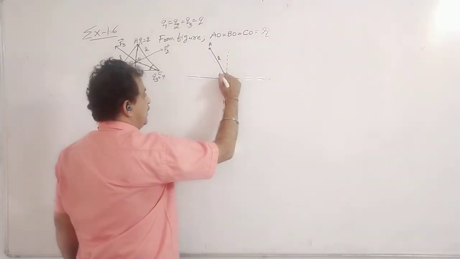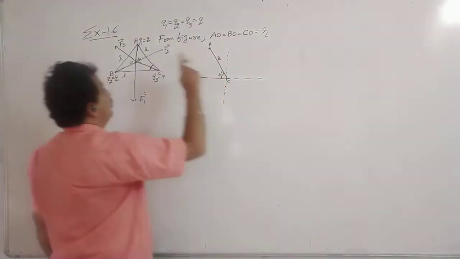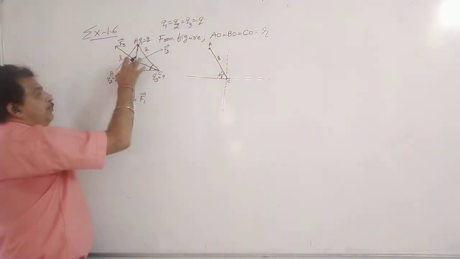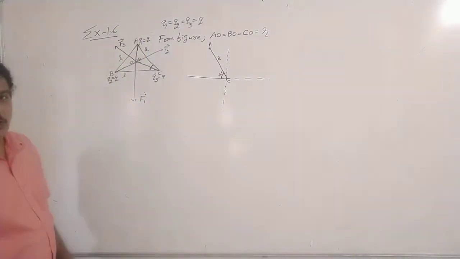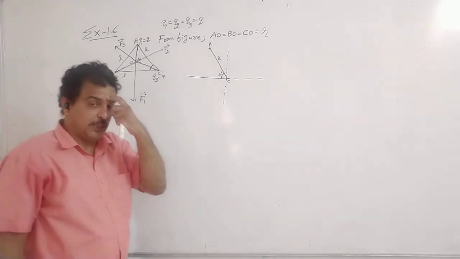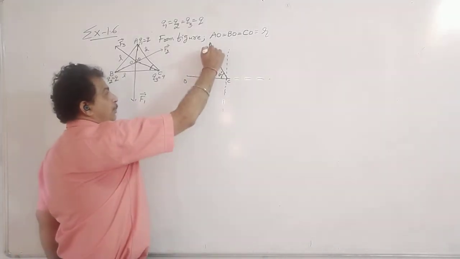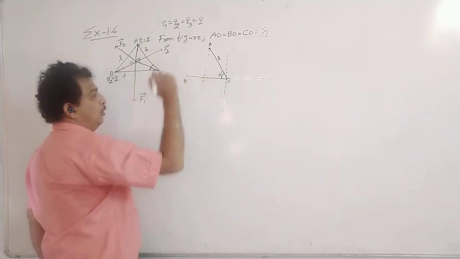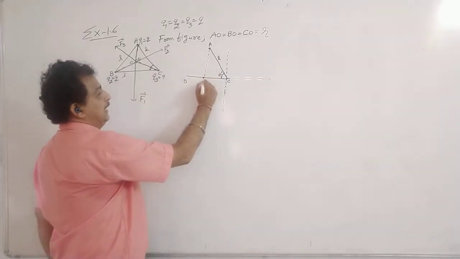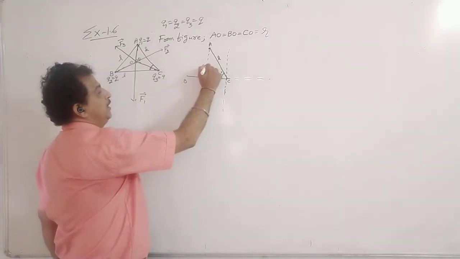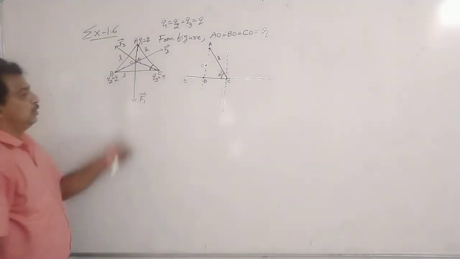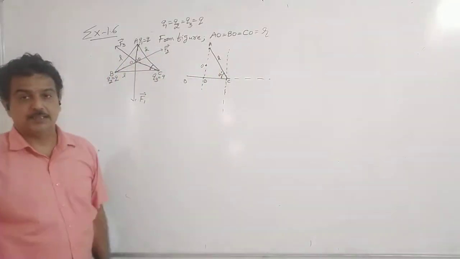So this is 60 degrees. I need to find AO, BO and CO, so I am doing this exercise to find the distance. This is our point B. Let me draw a perpendicular on BC and name it T. And suppose this point is our centroid O. So this diagram is redrawn like this.